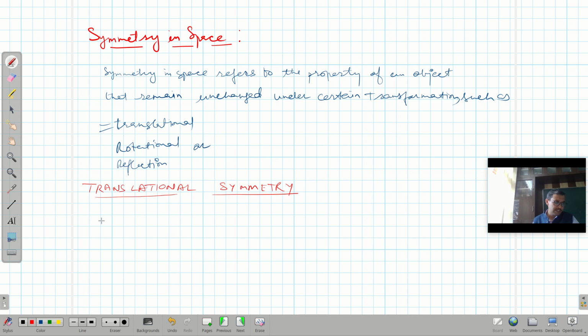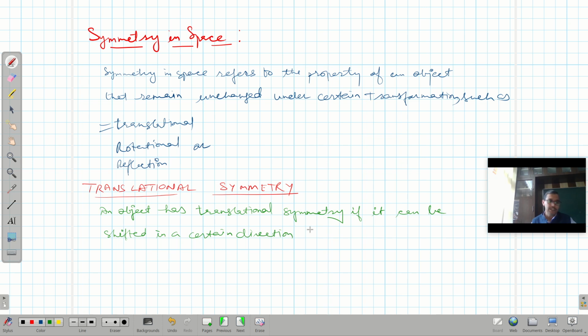An object has translational symmetry if it can be shifted in a certain direction and still looks the same.